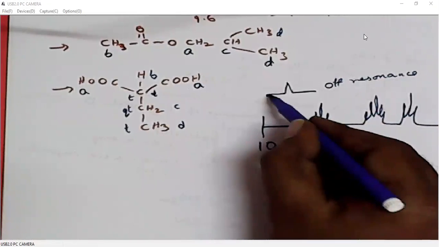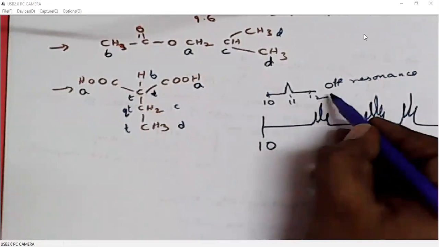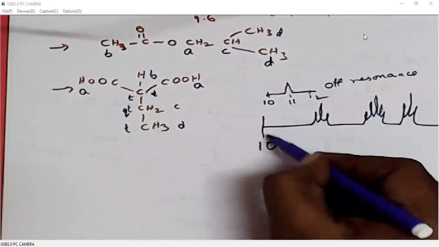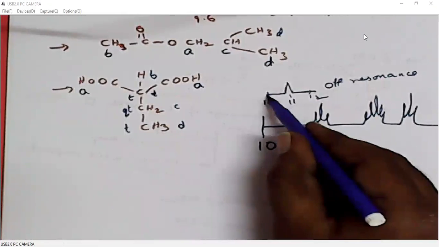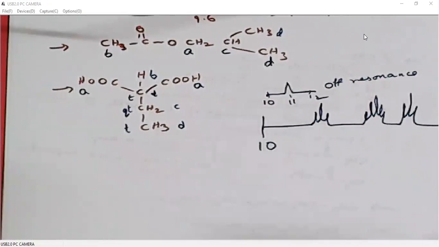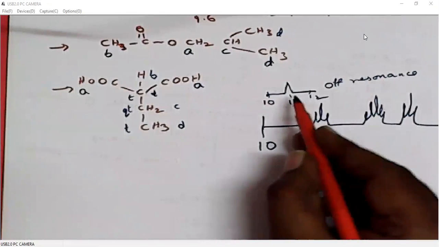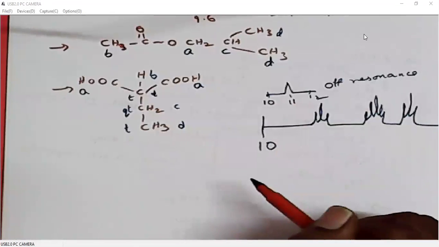If the starting point is 10, then 11, 12, something like this, so we need to count like this. So if it is not fitting on one page, then we will cut the spectrum here and continue here. Okay, right. So carboxylic acids generally give a broad peak, like alcohol OH or amine NH.